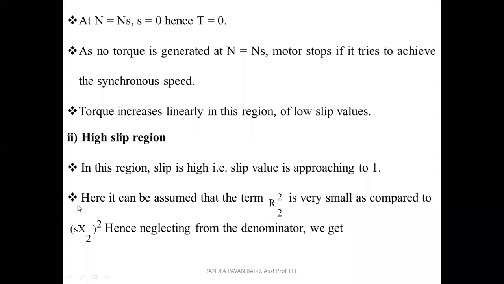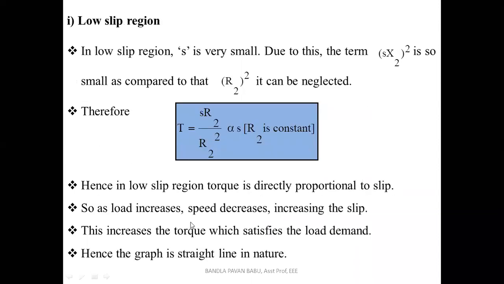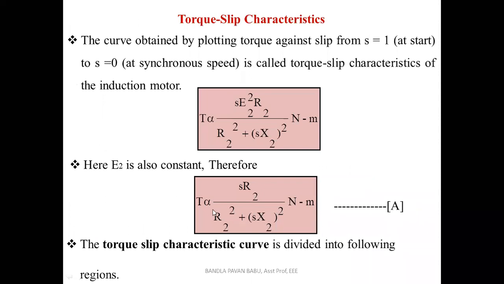Next, here it can be assumed that the term R2 square is very small as compared to s into X2 square. Look at equation A here. R2 is less when compared with reactance; the resistance part is less when compared to the reactance part.